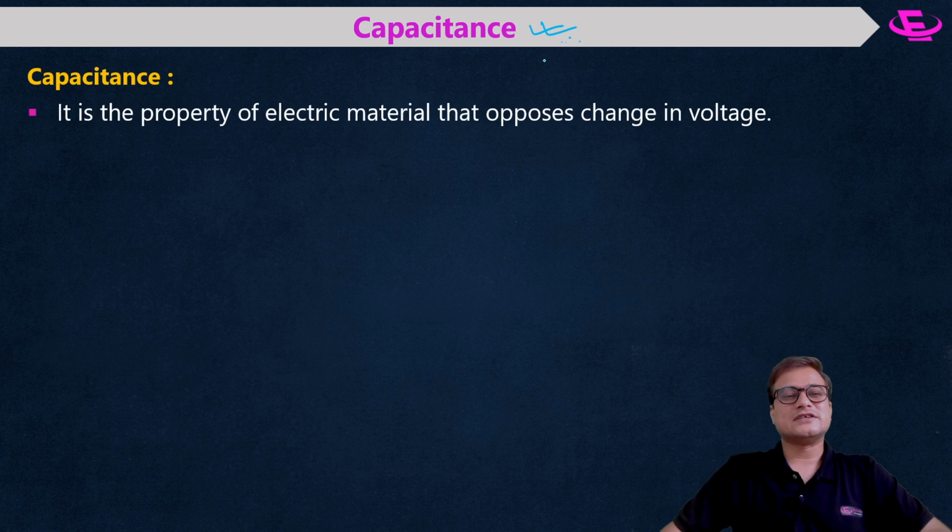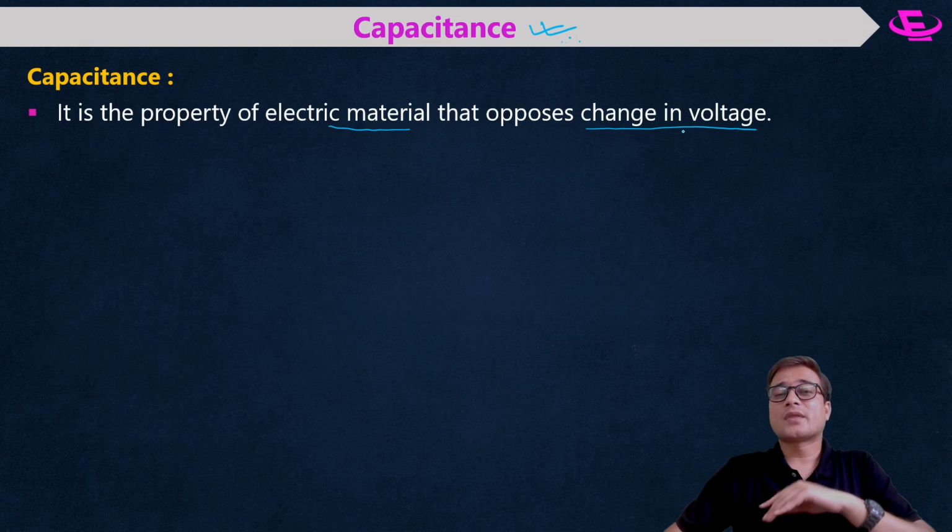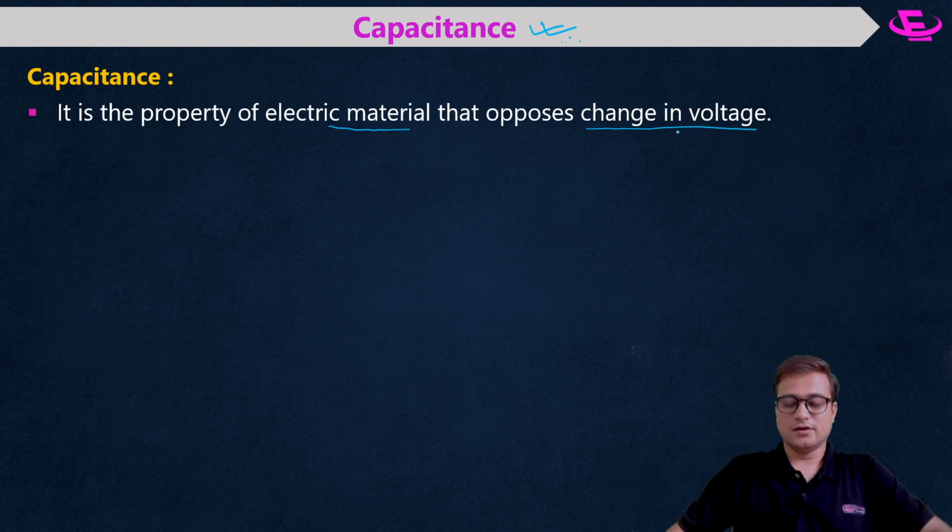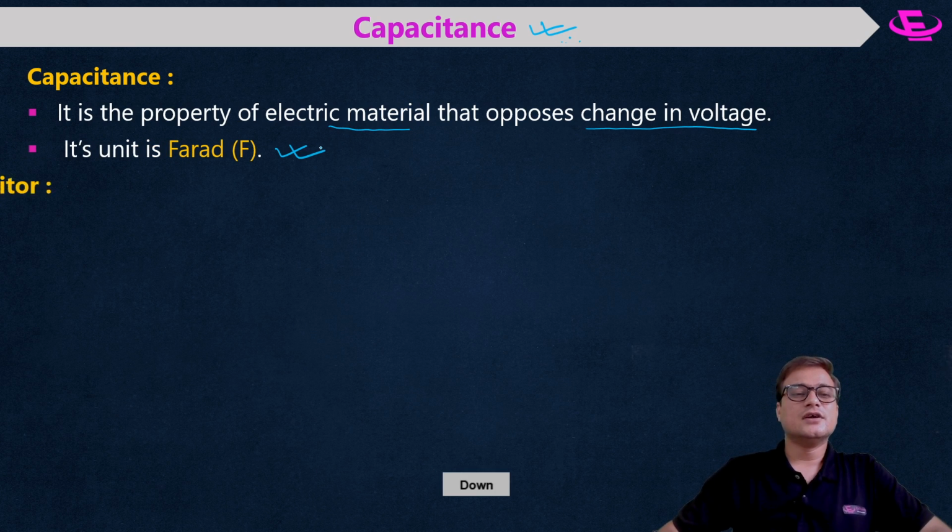So what is capacitance? It is the property of an electric material that opposes change in voltage. Capacitance is a property that opposes change in voltage. Inductor opposes change in current. Resistor opposes flow of current. Its unit is farad, named after a scientist.